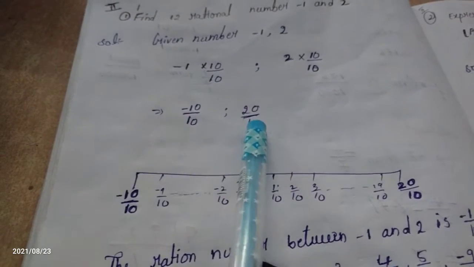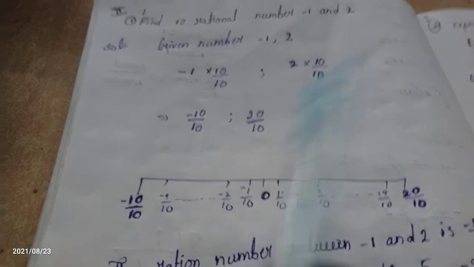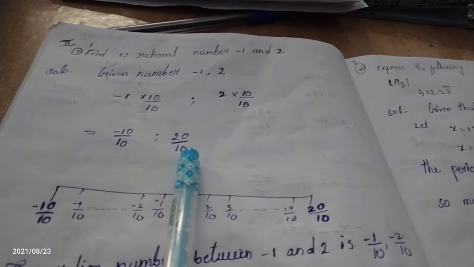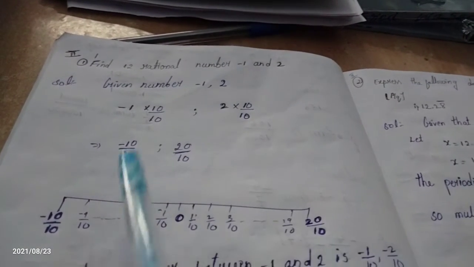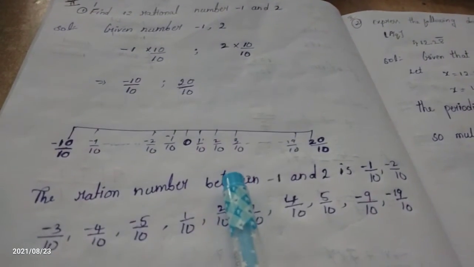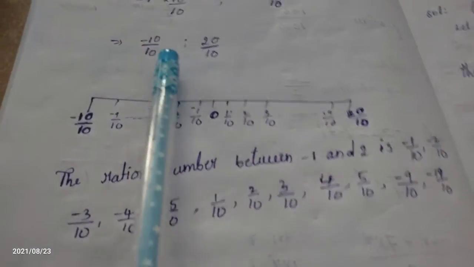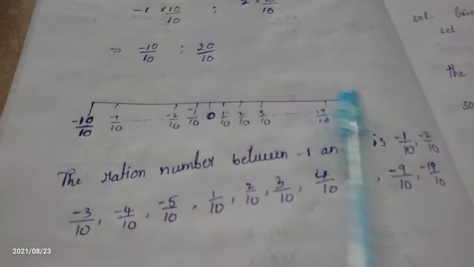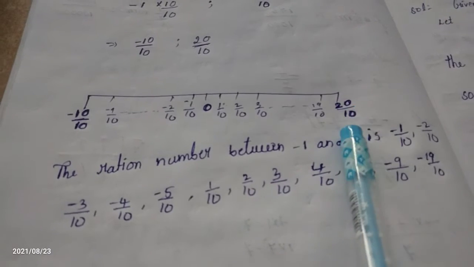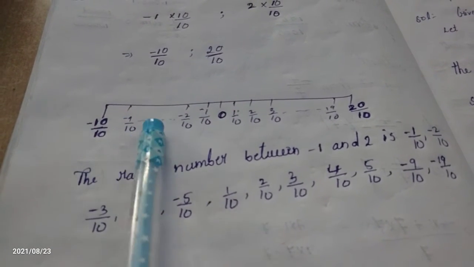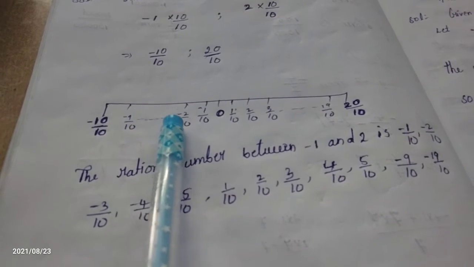When we find the rational numbers between these two numbers, they should be in between -1 and 2. At one end you take -10 by 10 and at the other end you take 20 by 10. Here before -10 by 10 there are -9 by 10, -8 by 10, -7 by 10, up to -2 by 10, -1 by 10.